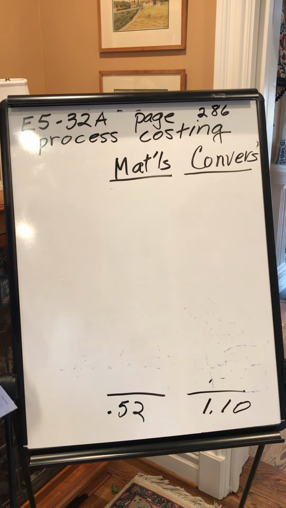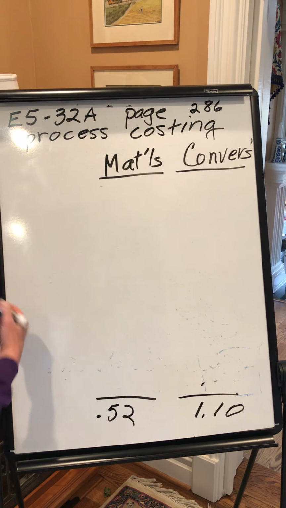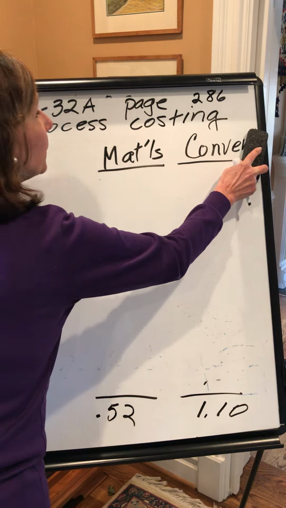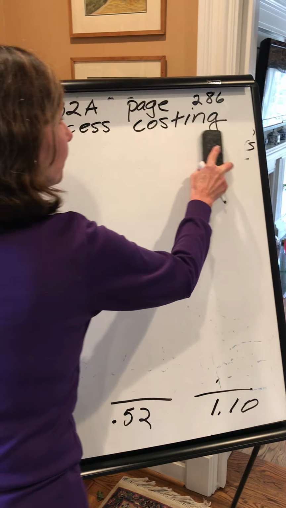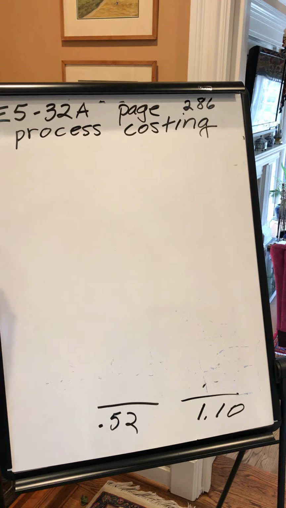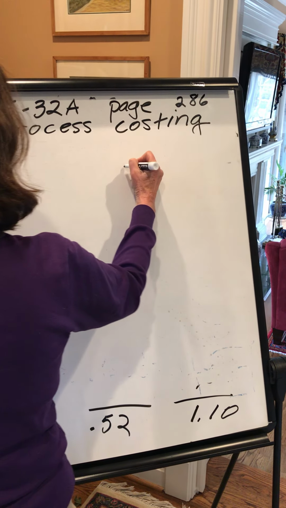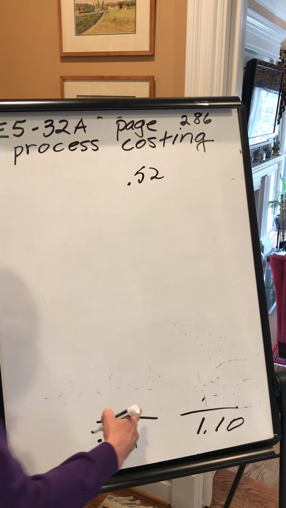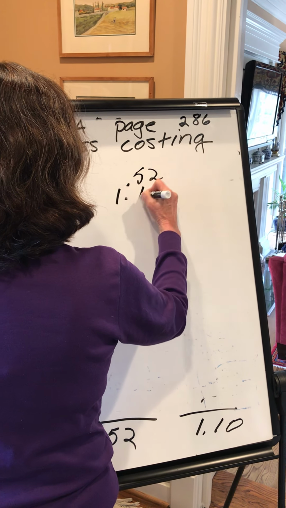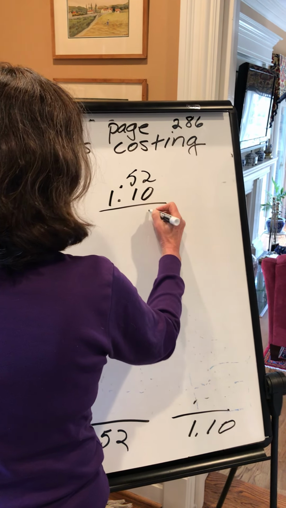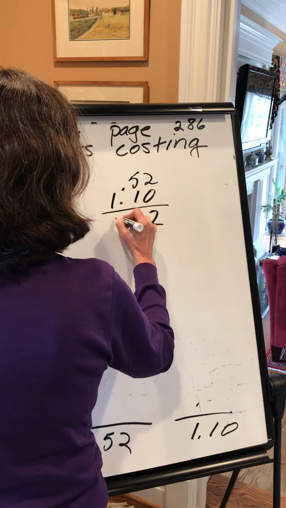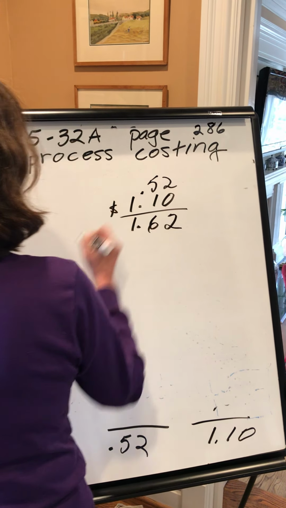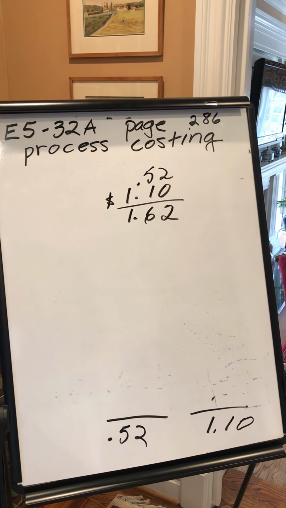Okay, so we have 52 cents, and by the way, we can add these together now. So we have 52 cents for materials, and we have $1.10 for labor and overhead. And so we can add them together and say the cost per unit is $1.62.